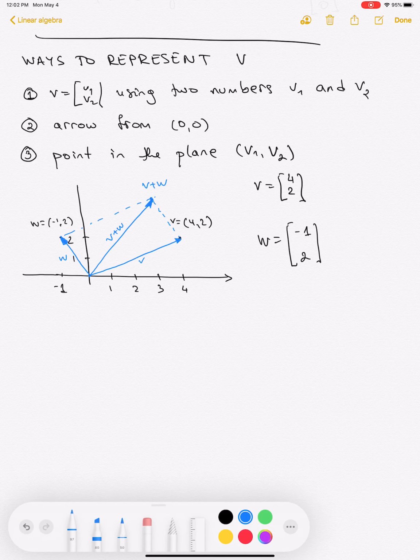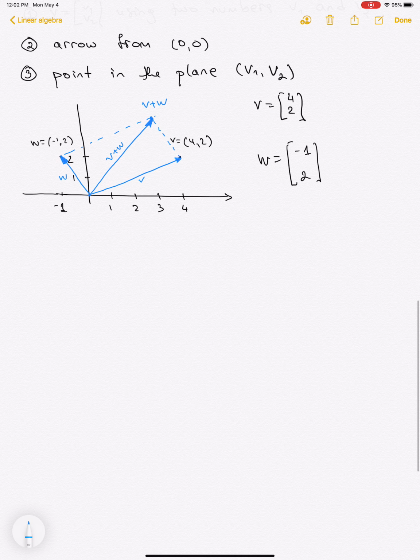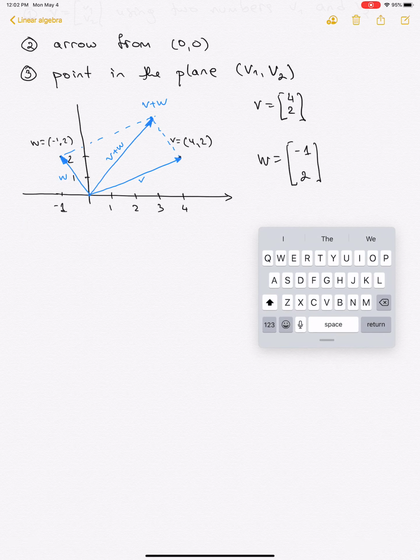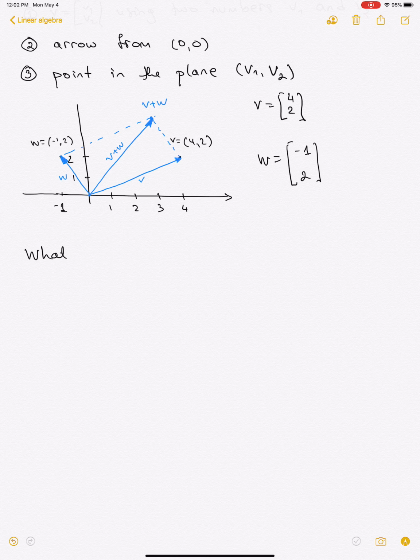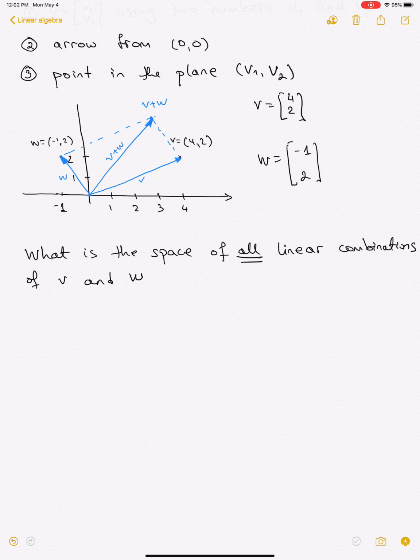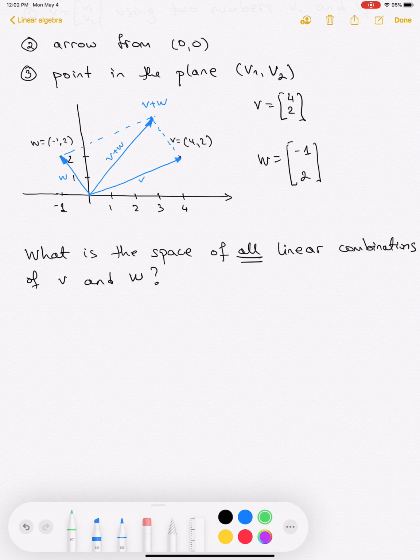Now, when I ask the question, what is the space of all, this is very important, all linear combinations of v and w, the same v and w in the example, then what we are starting to think about is what are all the different points that we would get, or the different vectors that we would get.